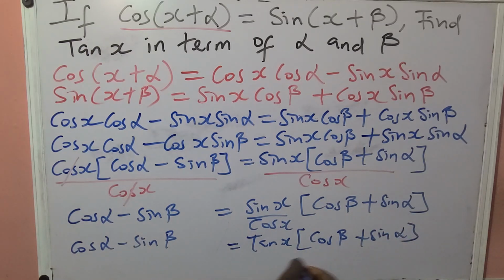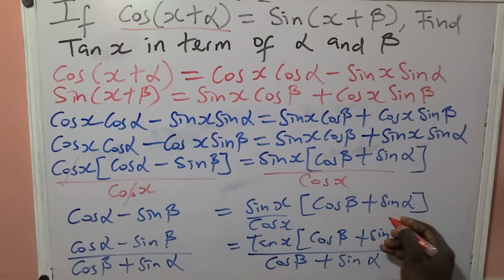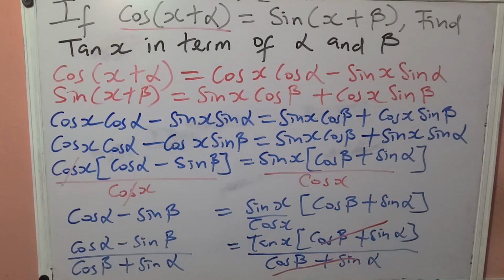So dividing through by cos beta plus sine alpha, I divide this one also by cos beta plus sine alpha. If you look at what's going on here, this whole thing will cancel this.